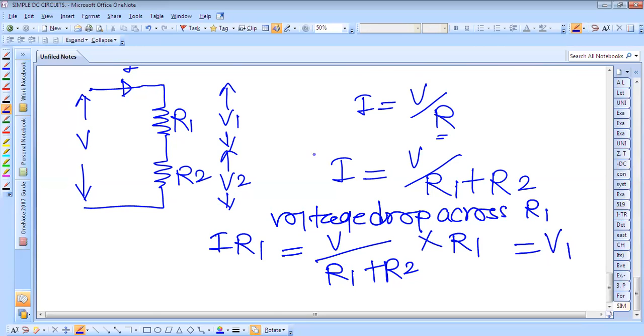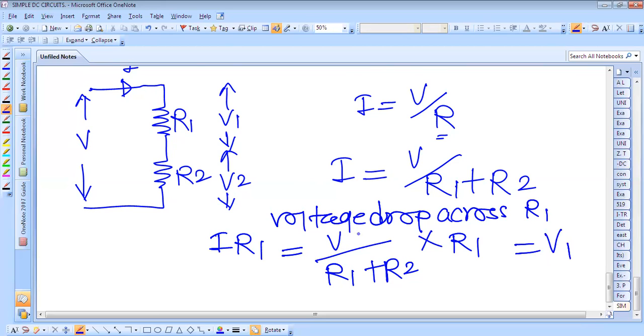So the total current flowing through the circuit is I is equal to V upon R1 plus R2. Just we have multiplied here by R1. So when you multiply this by R1, this is the voltage drop across the resistance R1.